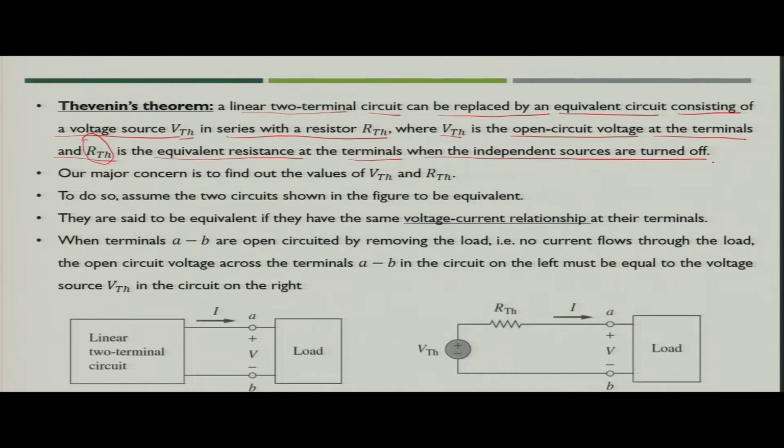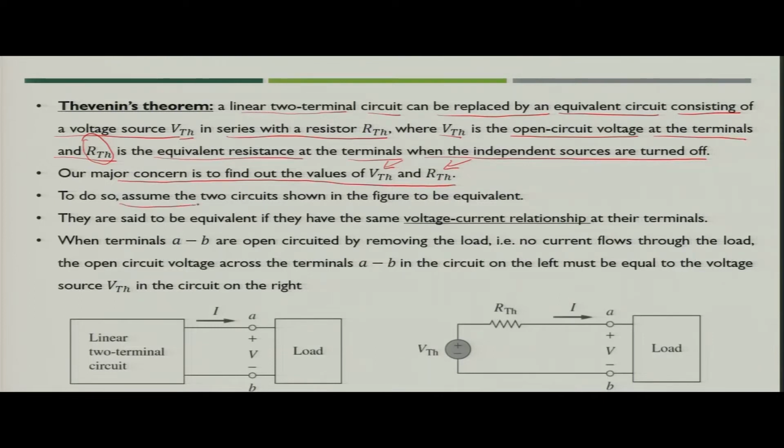The problem with Thevenin's theorem is that you have to identify the ways in which you will calculate the values of VTH and RTH. If you recollect what we discussed in the case of equivalent circuits, you can easily figure out how to calculate RTH.